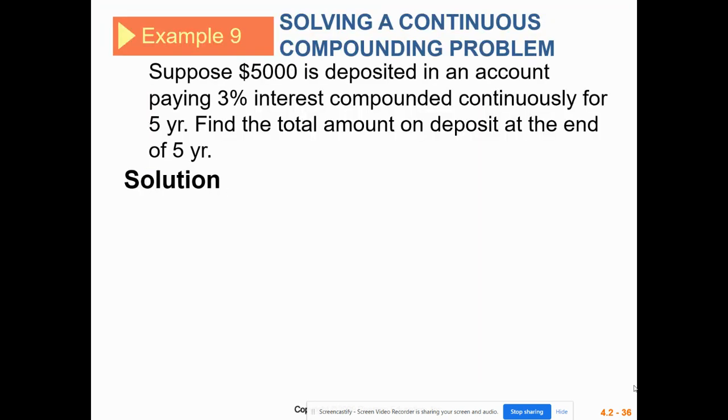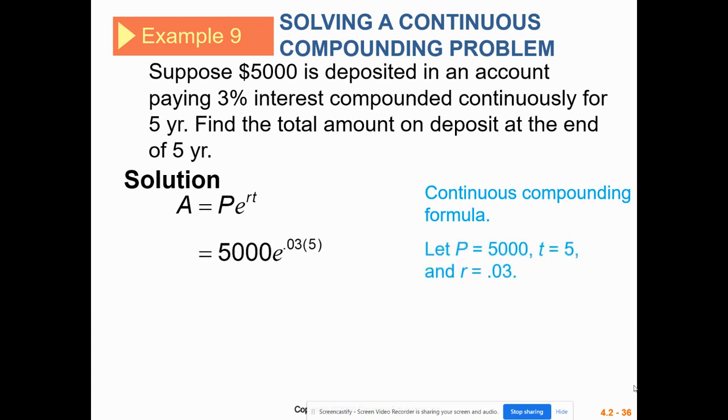Here's an example. We start with $5,000 deposited in an account that pays 3% interest compounded continuously for 5 years. Find the total amount on deposit at the end of 5 years. So it's worded very similarly to the previous ones, but it's not compounded quarterly or monthly. It's compounded continuously, which means you need to use this formula, A equals P e to the RT.